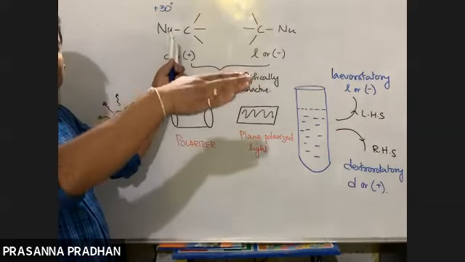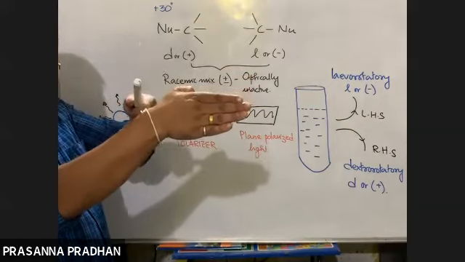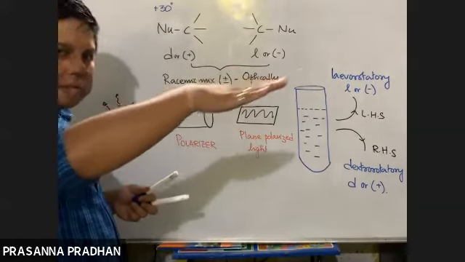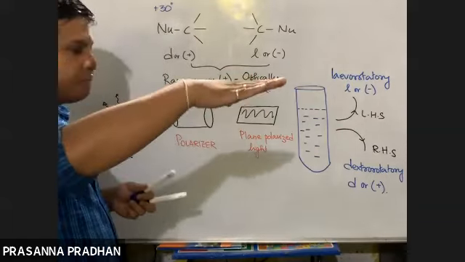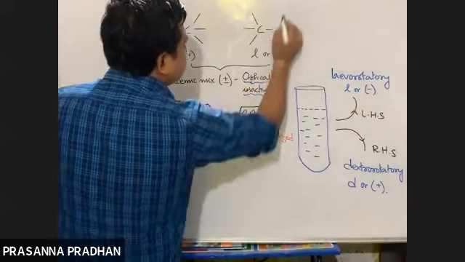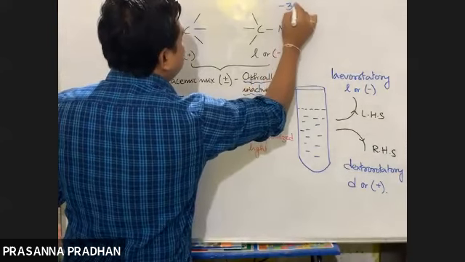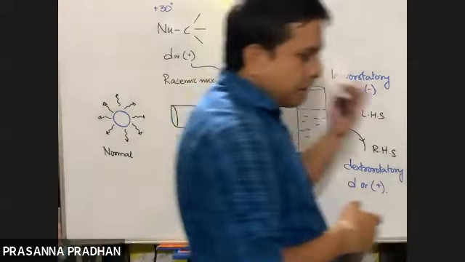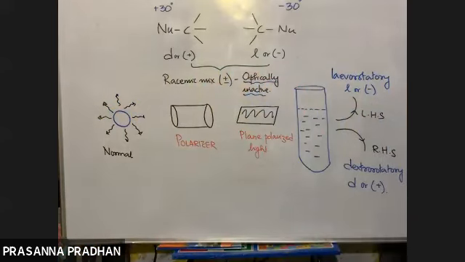Dextro was rotating by 30, and levo will rotate in the opposite direction by 30°, that is, minus 30°. Minus means towards the opposite direction. That is why the racemic mixtures formed during SN1 reactions are known to be optically inactive.